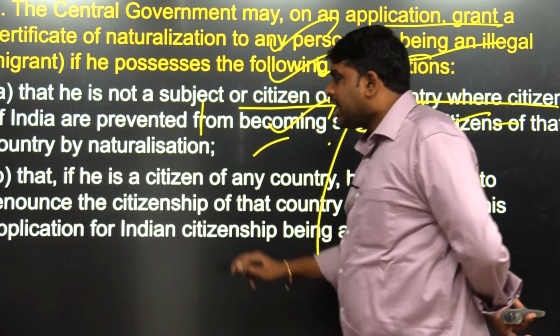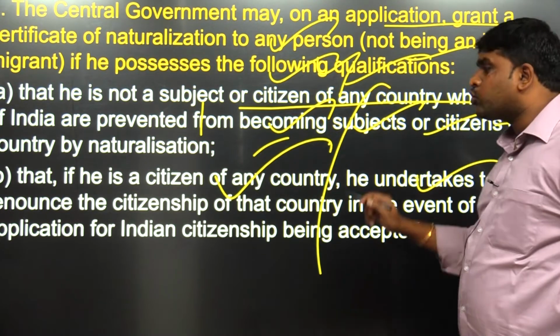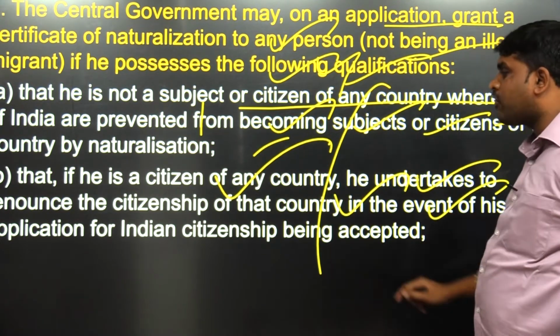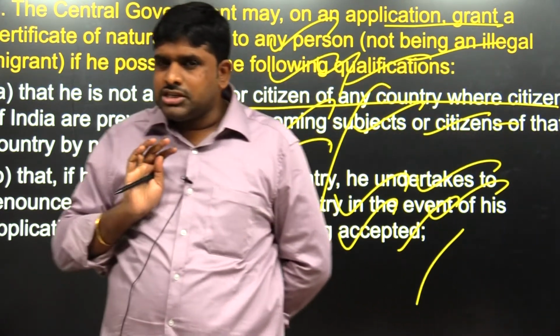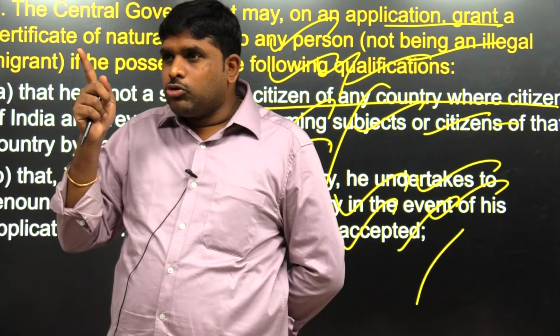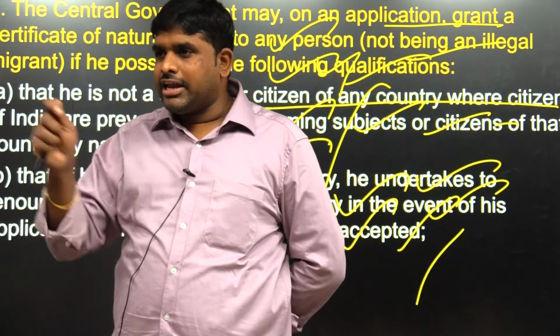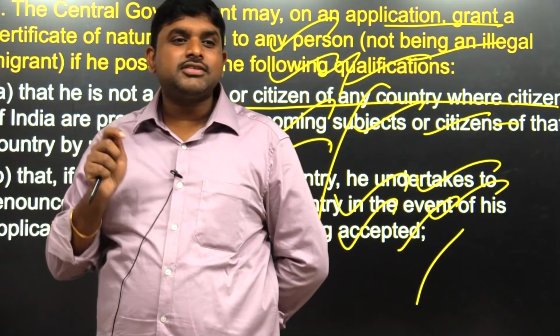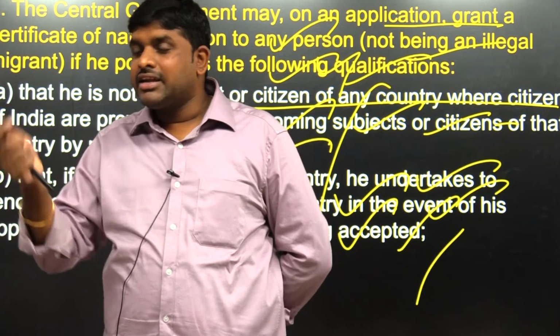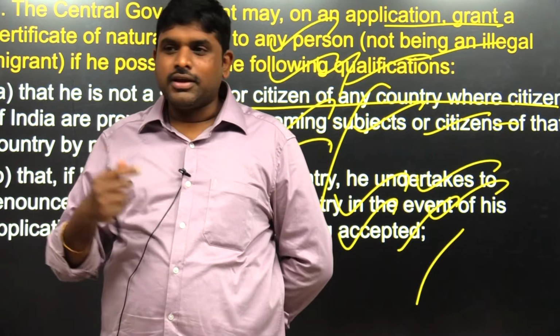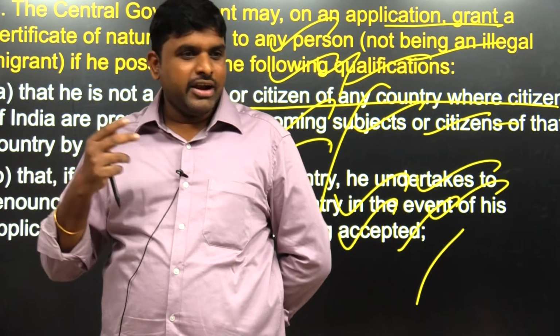First condition. If a citizen of any country undertakes to renounce the citizenship of that country in the event of his application for Indian citizenship being accepted. Number two, I will give you citizenship, but on one condition: you have to leave that citizenship. I will give a biscuit, first you throw your biscuit. That is called the second process. First is what? If you give a biscuit, then I will give a biscuit. That is give and take.